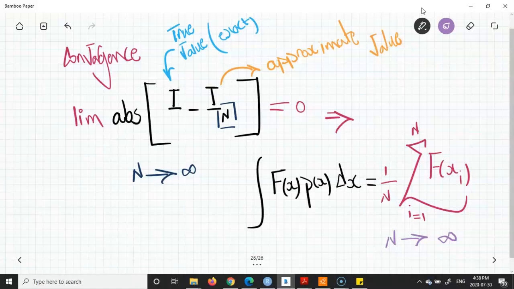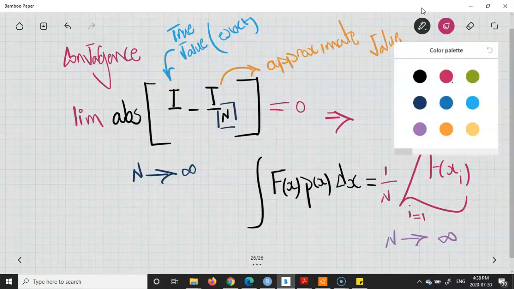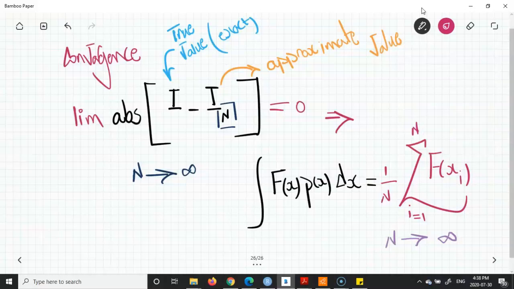Although it's beyond the scope of these tutorials, you can also go to different texts. You see that the speed and the rate at which this integral converges to this value, which is the average value of the function evaluated at points of the distribution, we call the rate of convergence.